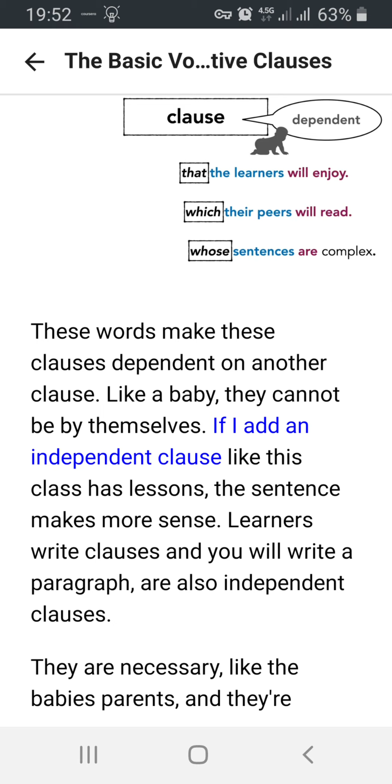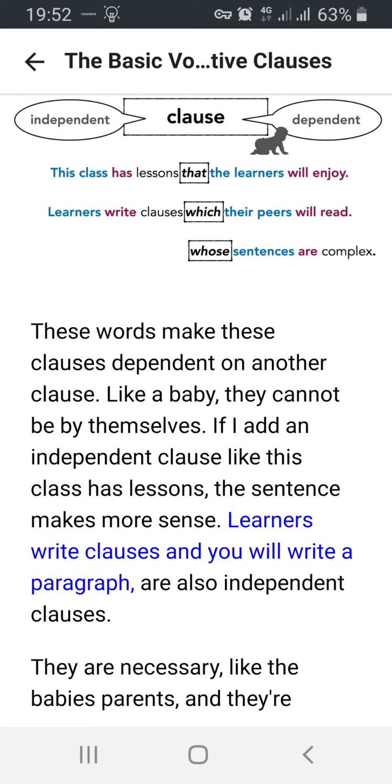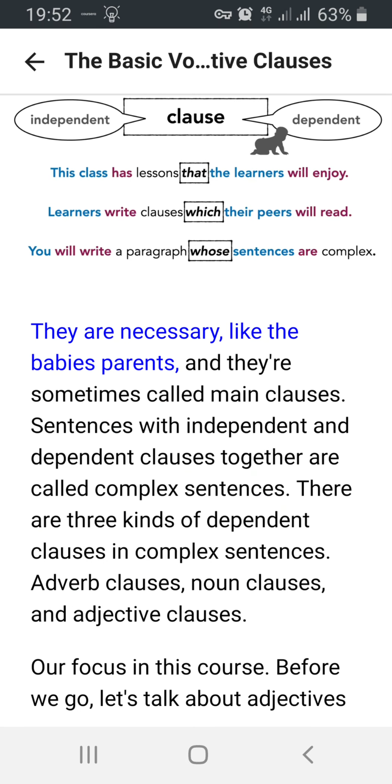If I add an independent clause, like this class has lessons, the sentence makes more sense. Learners write clauses and you will write a paragraph are also independent clauses. They're necessary, like the baby's parent, and they're sometimes called main clauses.